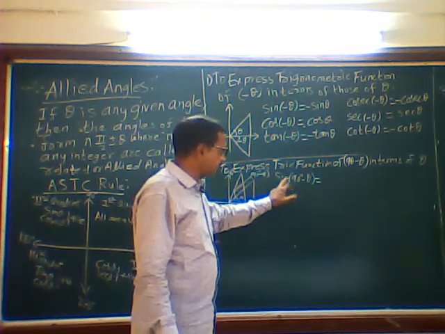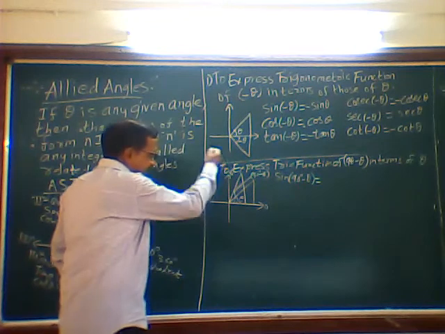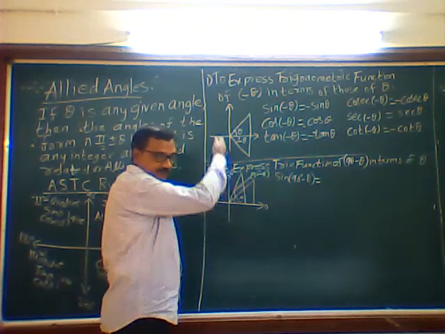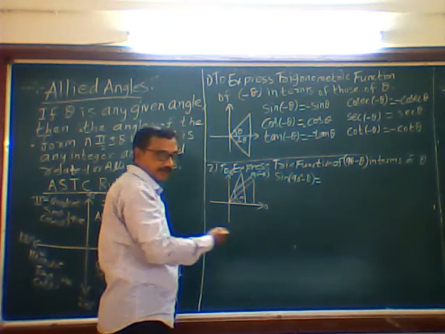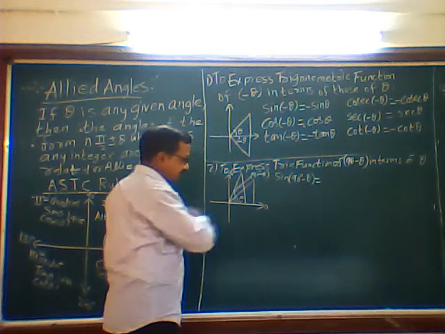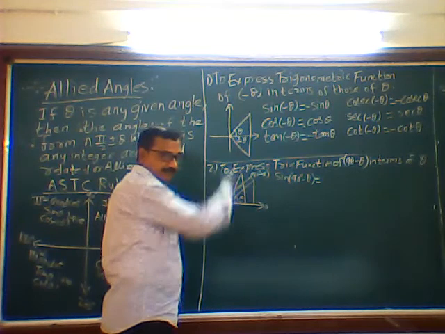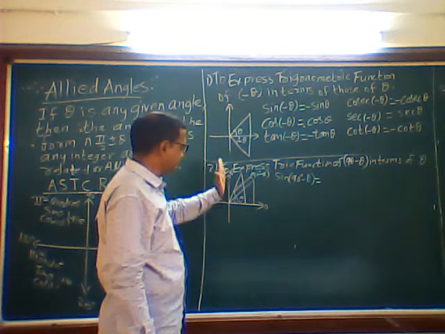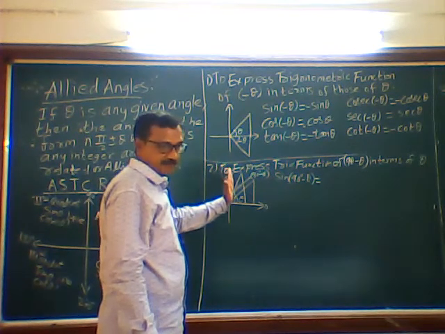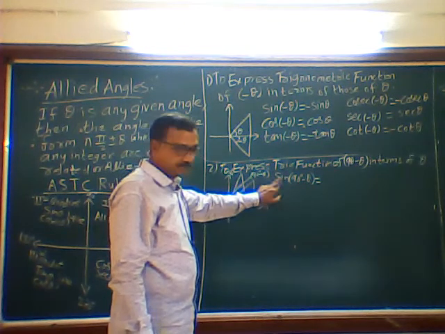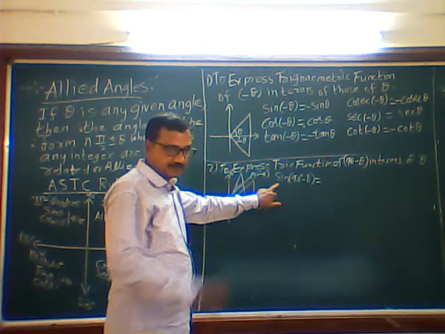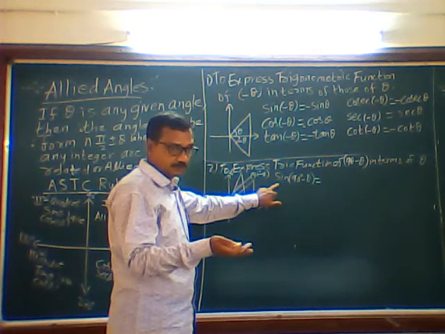Now sin of 90 minus theta means the angle is lying on the y-axis. In coordinate geometry, this is the x-axis and this is the y-axis. We will remember by saying that 90 degree lies on the y-axis. So if the angle is lying on the y-axis, the trigonometric ratio changes to its co-ratio, not reciprocal.